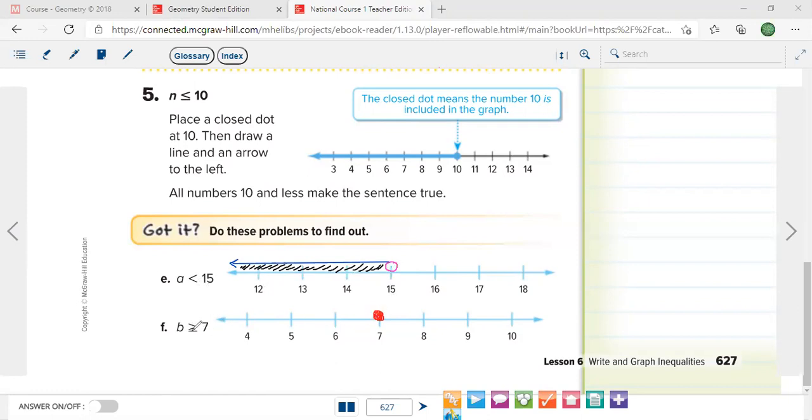Going to the right, because it's greater than. Don't forget to make an arrow to show all numbers to the right, and also shade all the numbers to the right of 7.